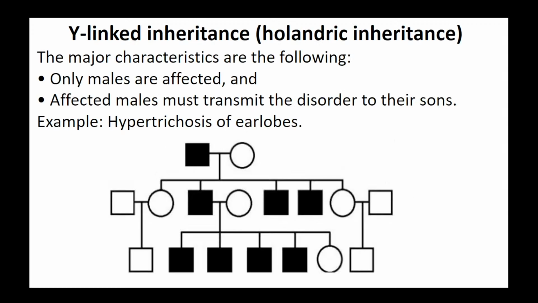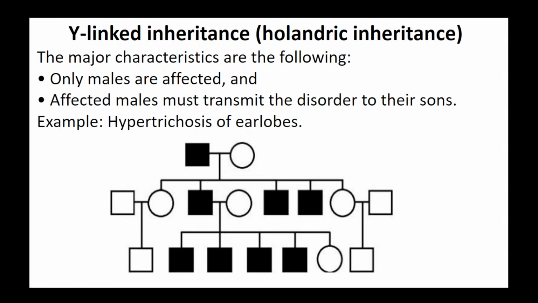Next type of inheritance is Y-linked inheritance. This type of inheritance has another name, Hollandric inheritance. This is inheritance of genes which are present in the Y chromosome. Only males are affected.